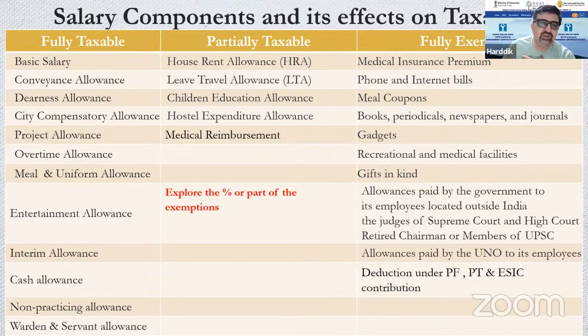Your basic is fully taxable. Conveyance is partially taxable, right? It is not fully taxable. So your basic is fully taxable. Your DA allowance is fully taxable. Your city compensatory allowance is fully taxable. Project allowance and overtime are fully taxable.